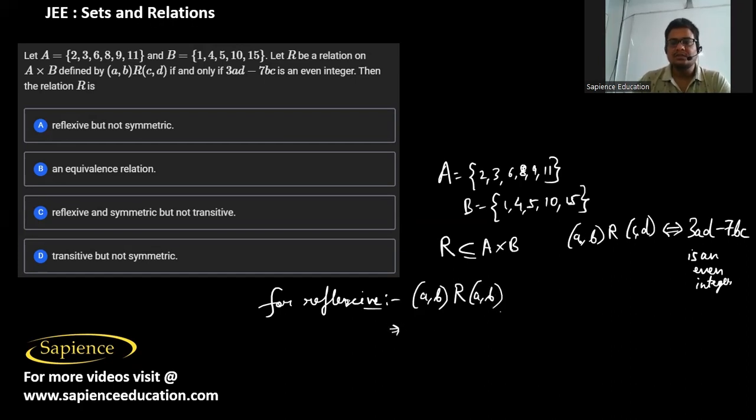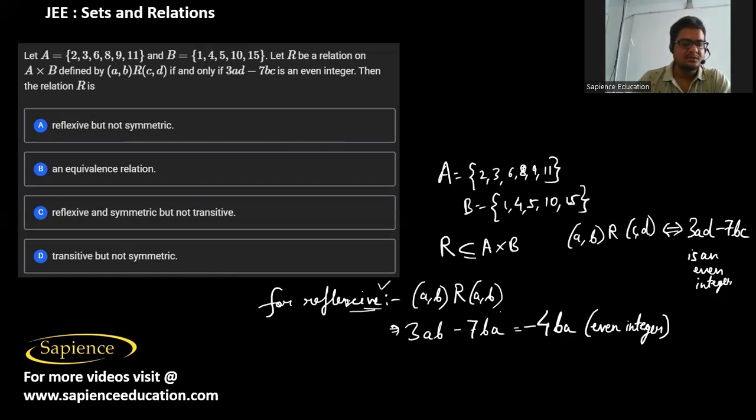Now if (a, b) is related to (a, b), it means that 3ab minus 7ba, that will be equal to minus 4ba, which will obviously be an even integer only. So it means that it will be a reflexive relation. It will be obviously reflexive.